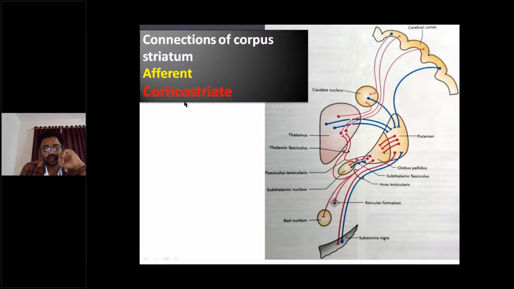The corticostriate fibers arise ipsilaterally, that means from the same side of the cerebral cortex, and project into the caudate nucleus, and some of the fibers project into the putamen of the lentiform nucleus.